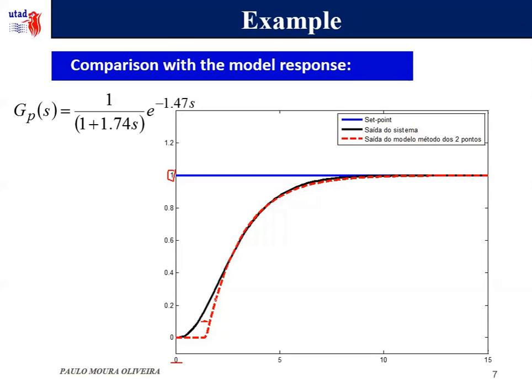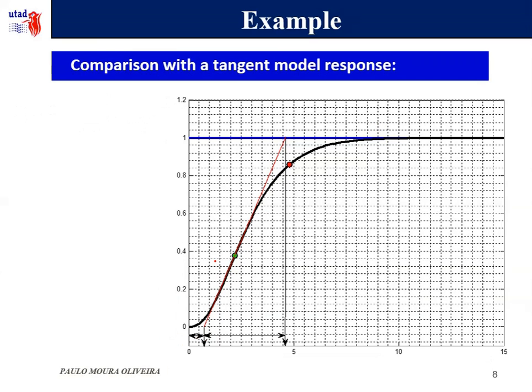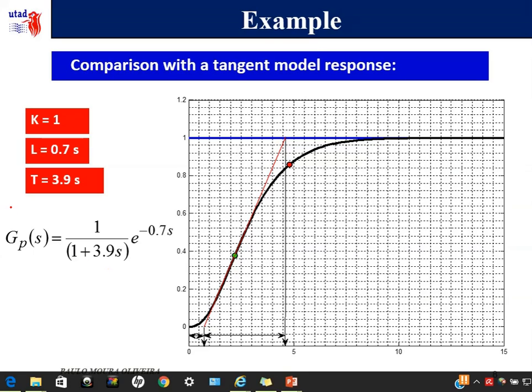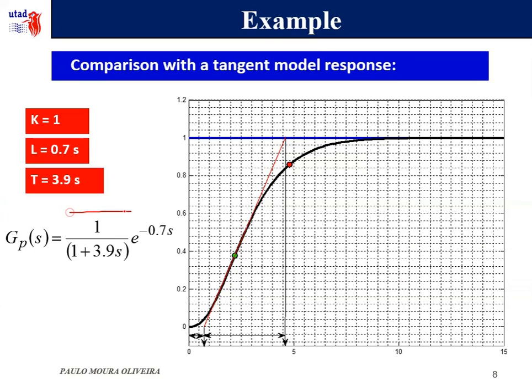you can see that the overlap is good in this part, and in this part the model is not so good. But you can compare this with the tangent model. If we do the same thing, plotting a tangent at the inflection point, we get another model, which we call the tangent model, represented by this equation.